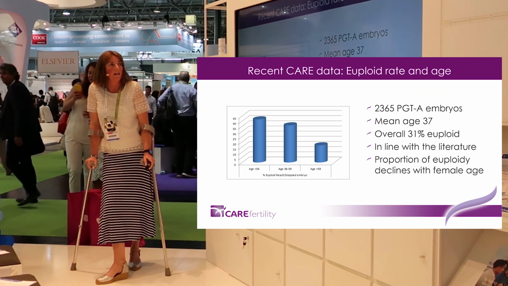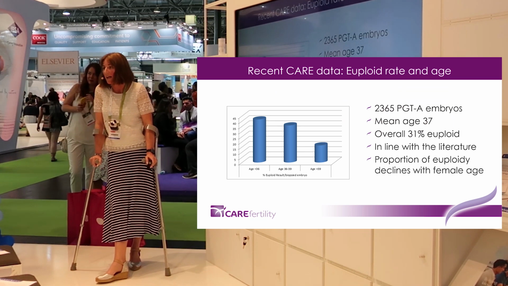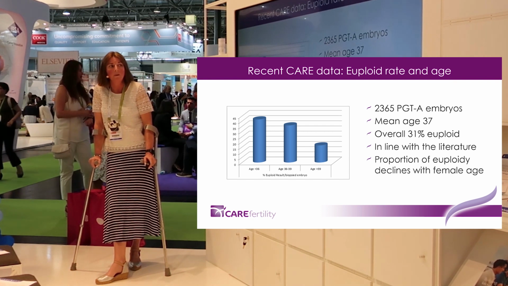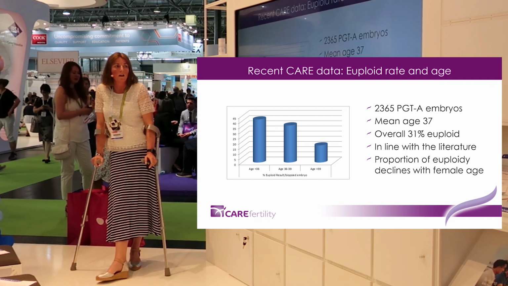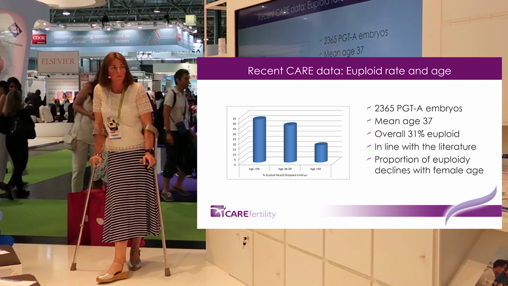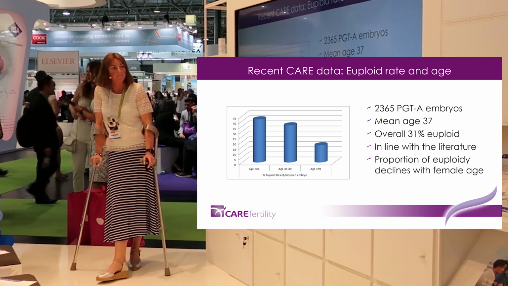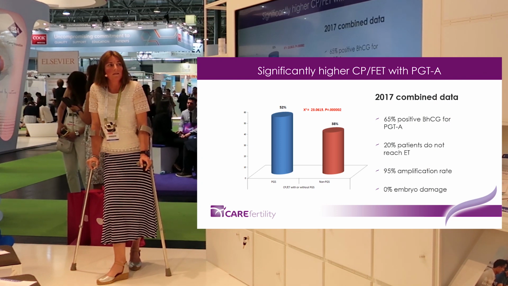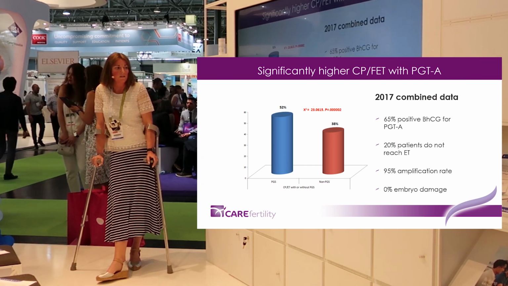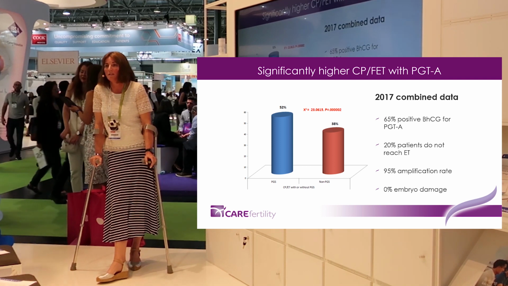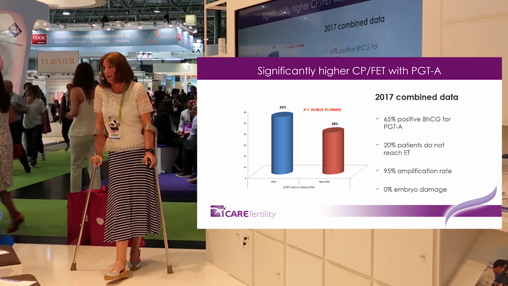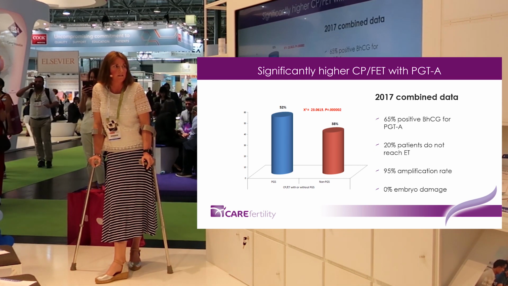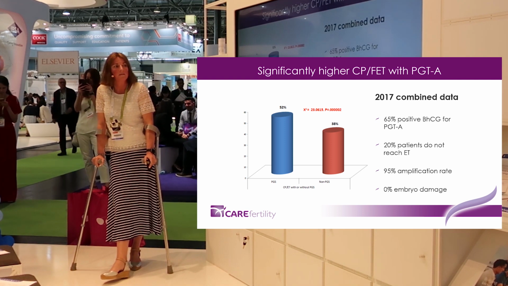So we looked at the euploid rate and age of our care data, over 2,000 embryos, and we found the euploid rate about 31%, which is in line with the literature. So in 2017, we compared our clinical pregnancy rates for embryo transfer with or without the PGTA, and found significantly higher clinical pregnancy rates with the PGTA patients.